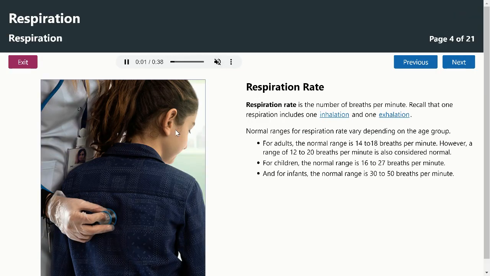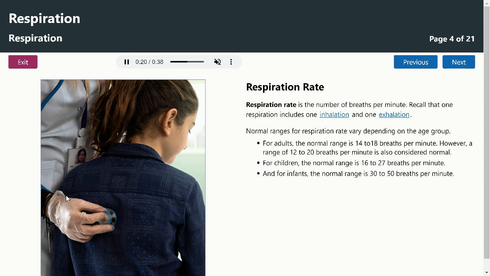Respiration rate. All right, so respiration rate is a number of breaths per minute. So how we had pulse is BPM, respiratory rate is also BPM, but it's breaths per minute instead of beats per minute. So recall that one respiration includes one inhalation and one exhalation.